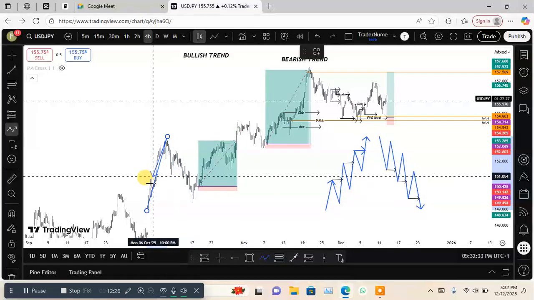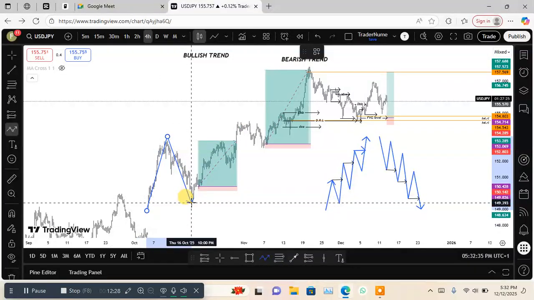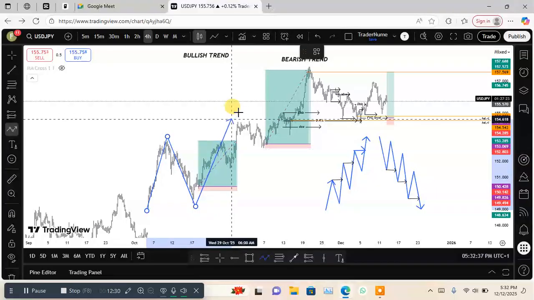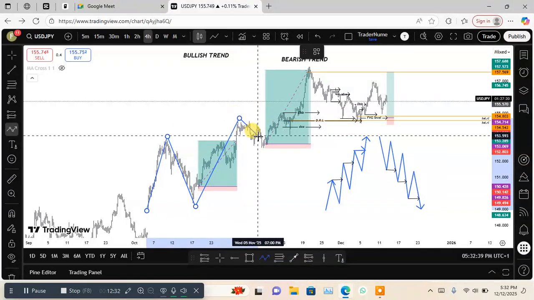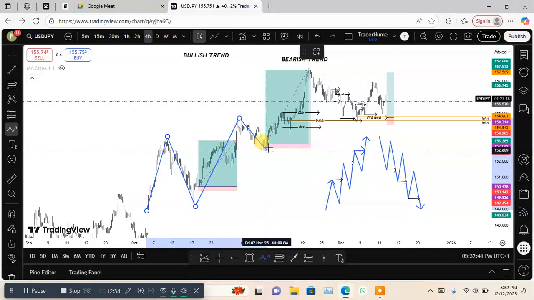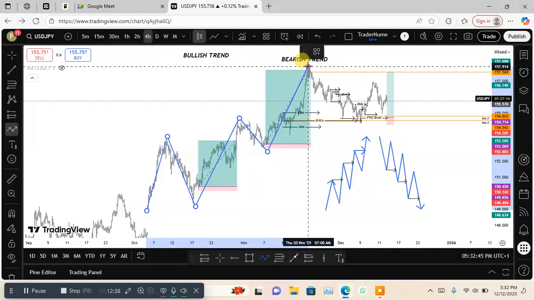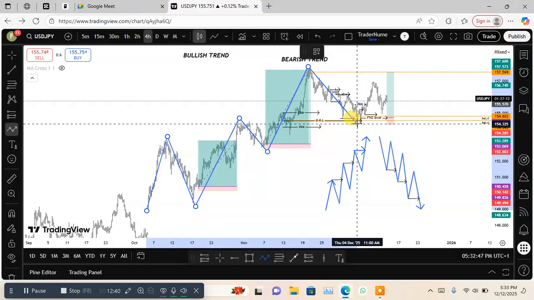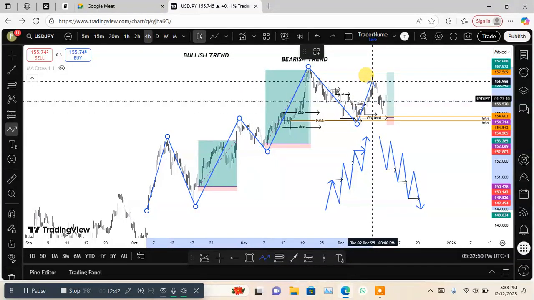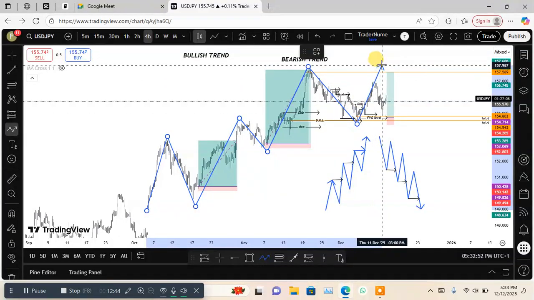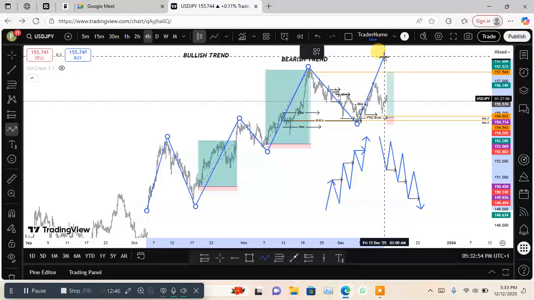Sorry for that. Higher high, higher low, higher high here, a little bit of higher low. Then we saw another higher high here. You understand? Then we are getting a higher low, and we are getting a higher high, and we'll get a higher high in no time.